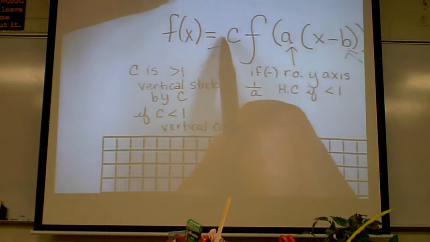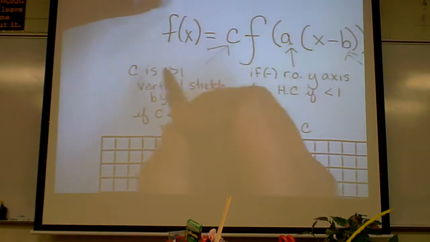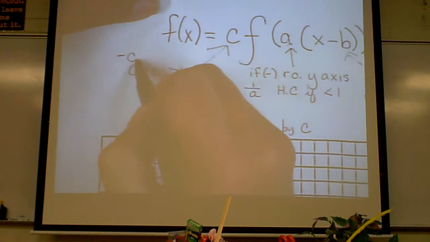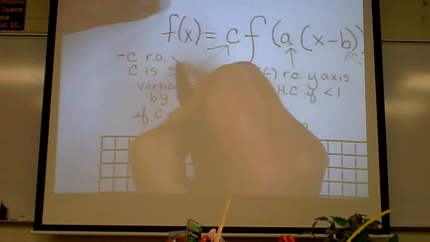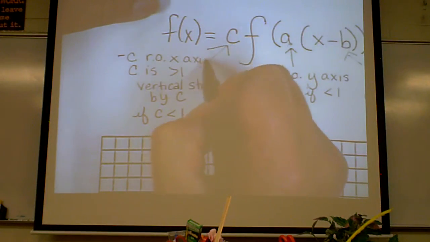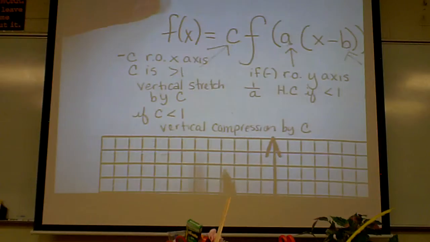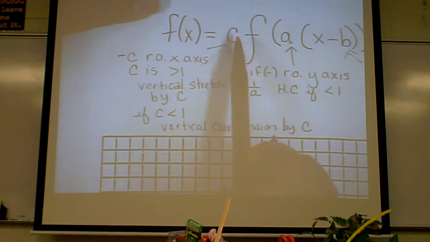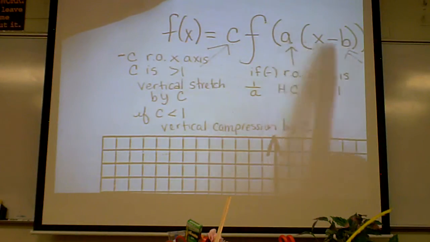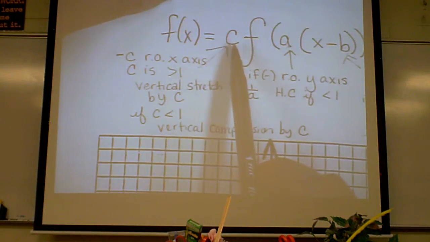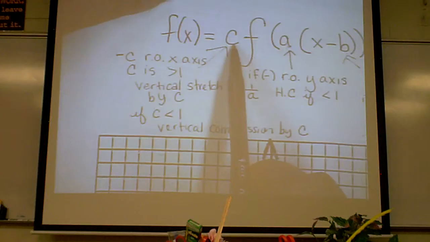Also, I have to mention, what if there's a negative in front? A negative C, it's a reflection over the X axis. So let's say there were a negative 3 out here. After you did these two things first, you're gonna multiply every Y value in your chart by negative 3.